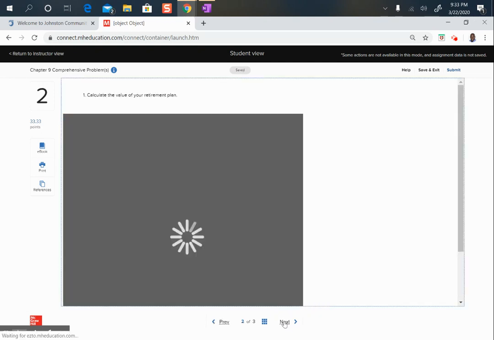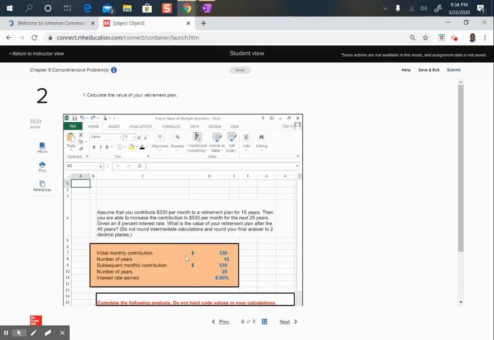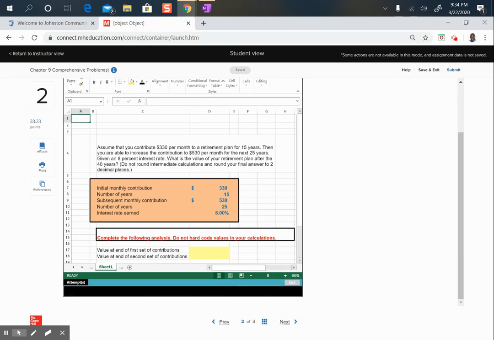With the second problem, we are being asked to determine the future value, and again you must enter all your answers as a formula. In the second problem, we're given that someone is making contributions of $330 per month to a retirement plan for 15 years, and then you increase those payments later on to $530 for the next 25 years.